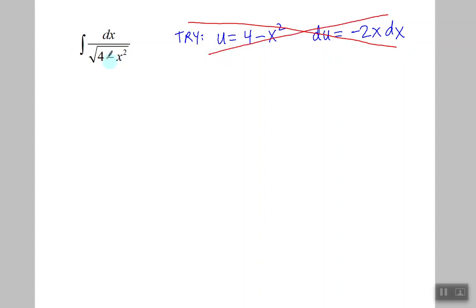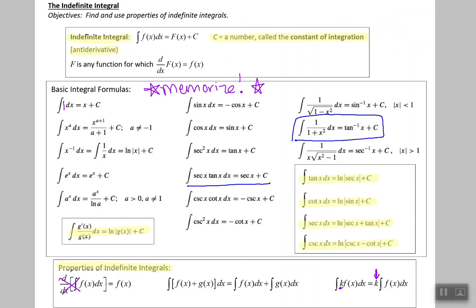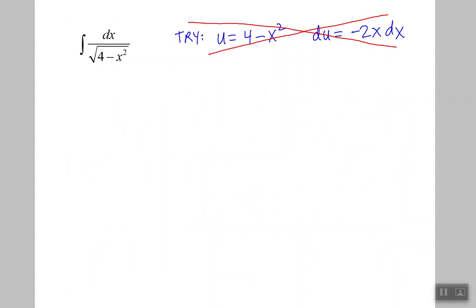Now I can also think of, what does this look like? Which of my antiderivatives does that resemble? It kind of resembles this one, where I have a square root in the denominator and I'm subtracting an x squared. So it kind of looks like the inverse sine when I take the antiderivative.